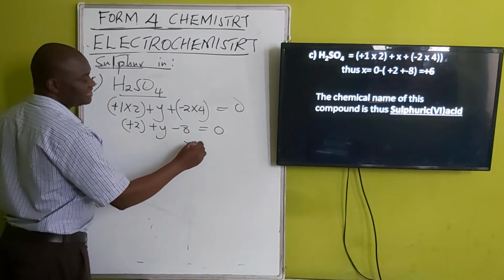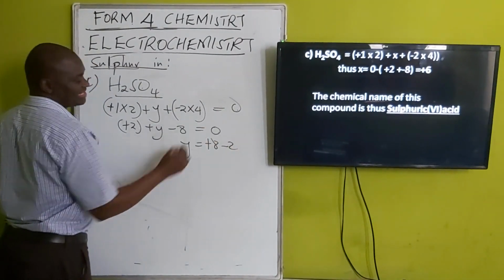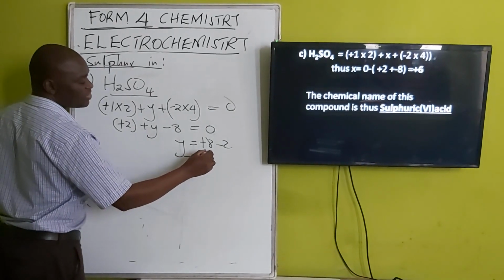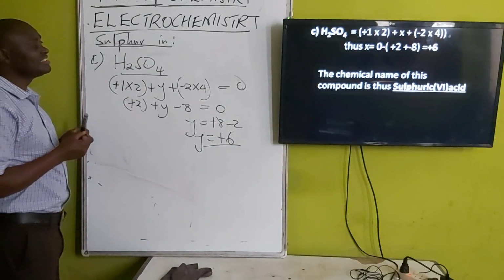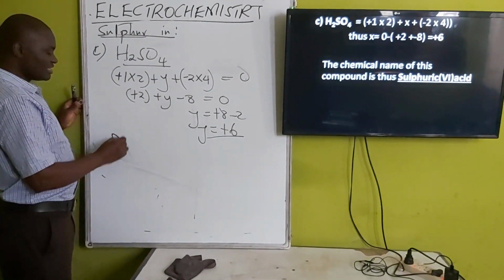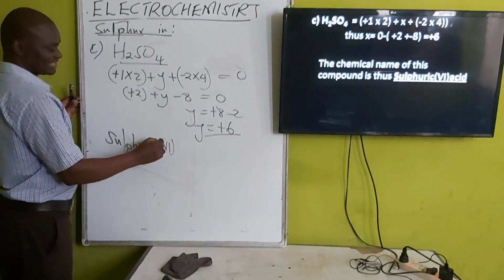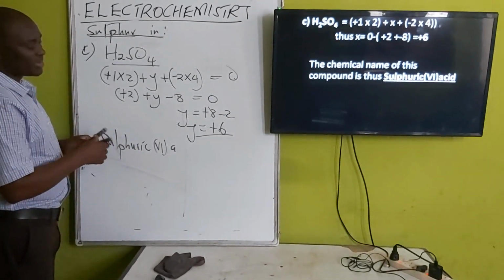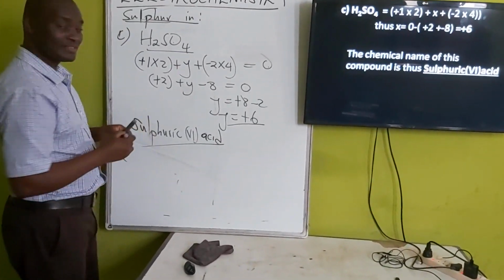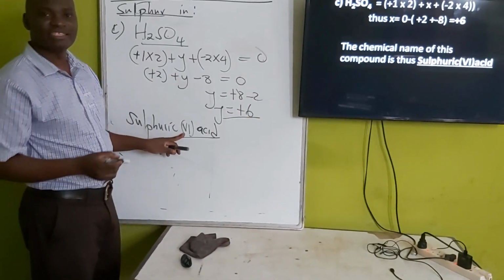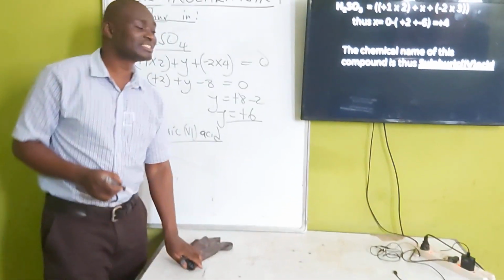So y is equal to positive 8 minus 2, so y is equal to positive 6. And that is why this acid is called sulfuric 6 acid. So now you can see where the 6 is coming from. It is the oxidation number of sulfur.